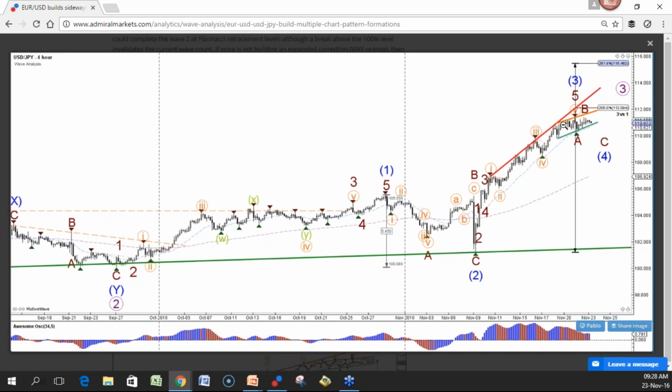So it is at a bounce or break spot. I still think a bounce here is more likely, a bounce for wave 4. But it depends on the FOMC. If there's dollar strength because of the statement, then it could easily follow through still to 112, 112.50, and perhaps further.